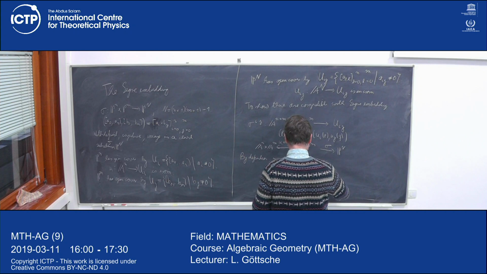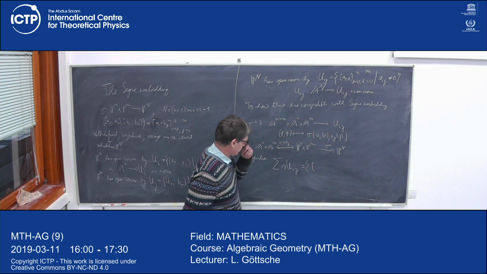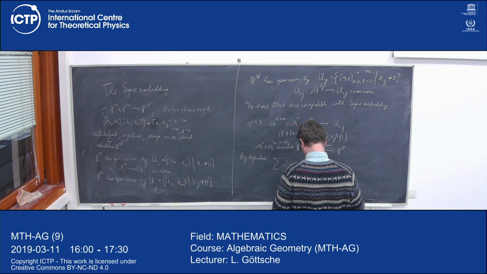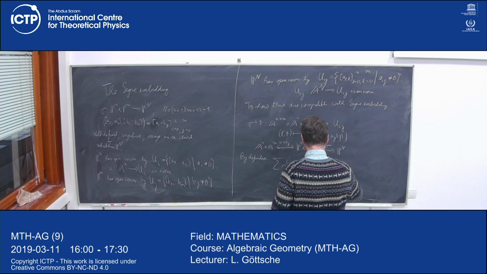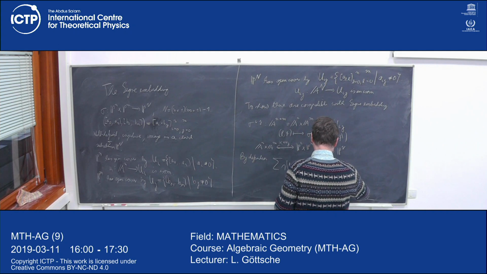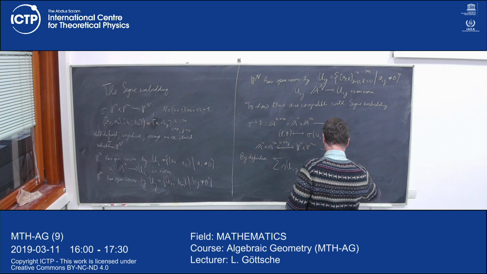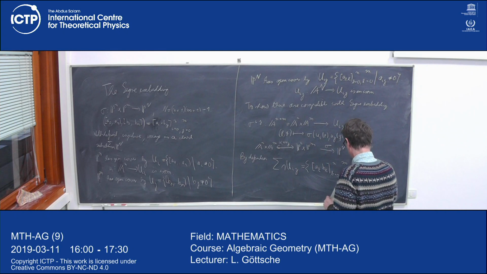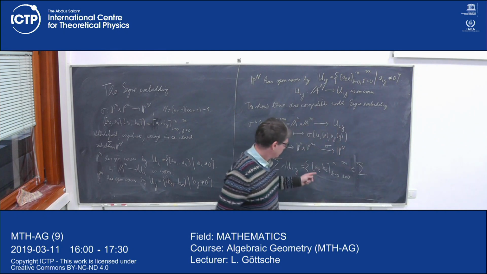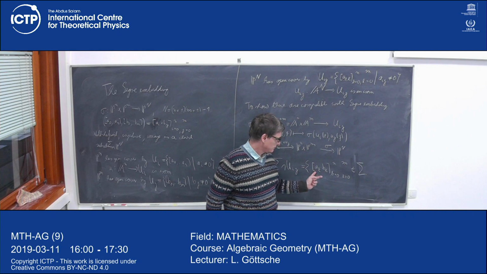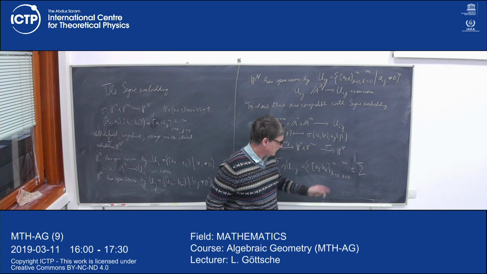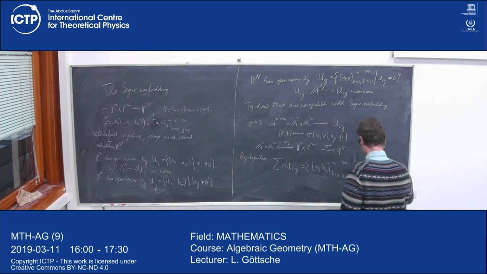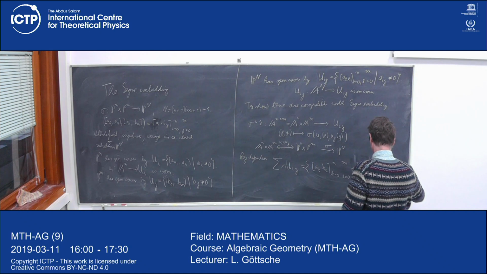This is the set of all points in this U_ij, so we have a_kl, such that this now lies in sigma, so it means the coordinates of the points are products, no? One point in projective space here, one here, such that a_i times b_j is different from 0.